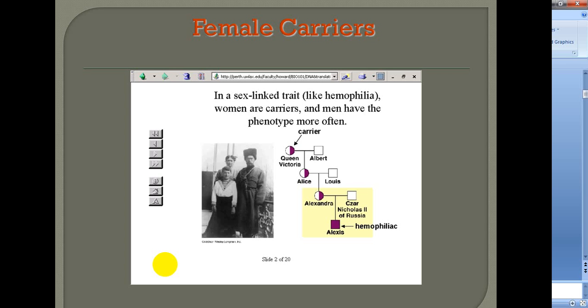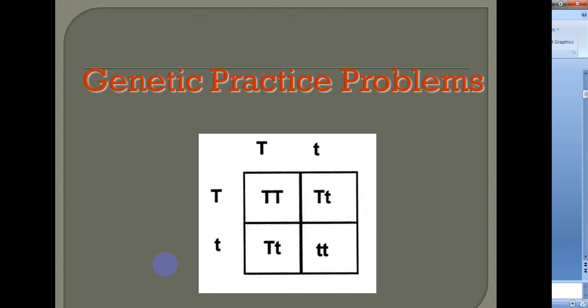In the female, where there are two X chromosomes, if one allele is recessive and the other is dominant, then the female is a carrier. She can propagate the disease from one generation to another, but she doesn't show any symptoms.